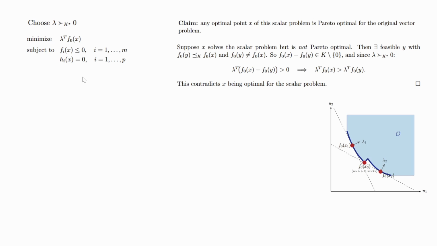So here, this lambda here, here's one solution that points in this direction. So this is the hyperplane here, and you found a solution. So the weight vector literally tells you the orientation of the hyperplane you're pressing against the achievable set.